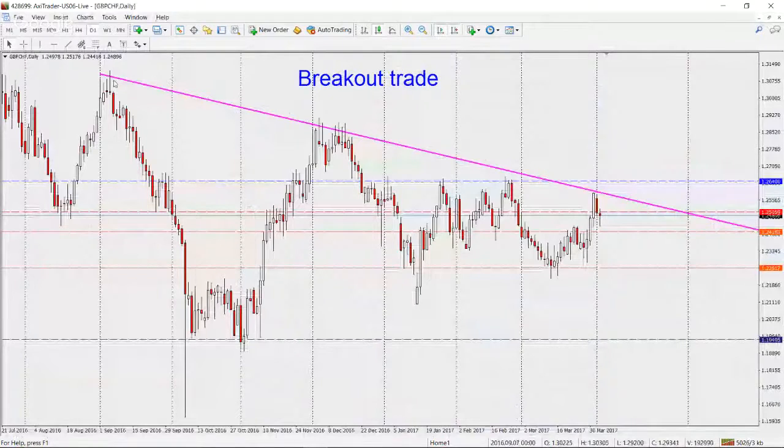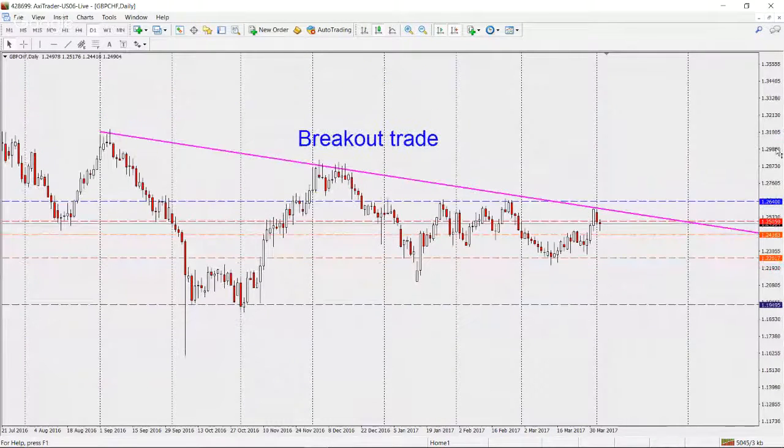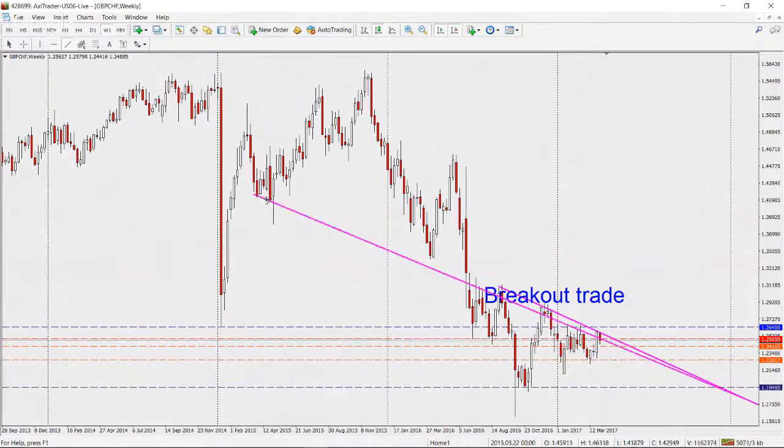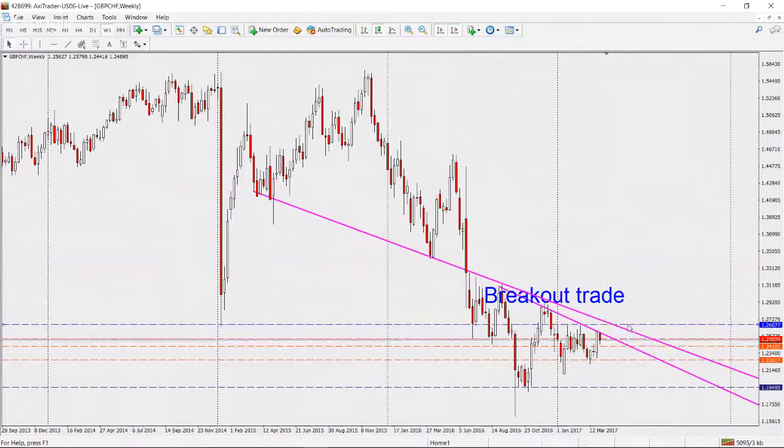Pound Swiss, I think we drew this trend line at the beginning of this webinar. So see how it's touched this trend line a few times? What happens if it breaks the trend line? Well, I'll show you what I would do. If it were to break that trend line, I think it would potentially make sense.